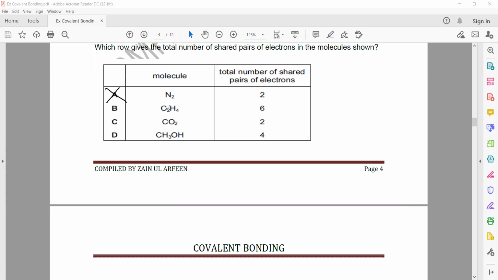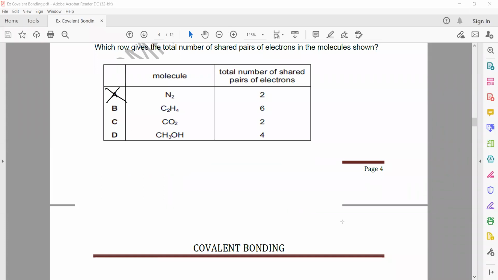Then we check the second option, which is C2H4. Carbon belongs to group 4. As carbon belongs to group 4, it will share 4 electrons and the unshared will be 0.